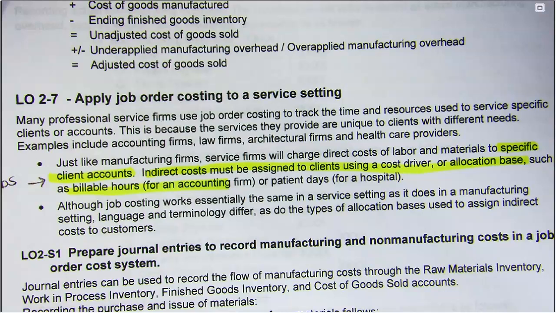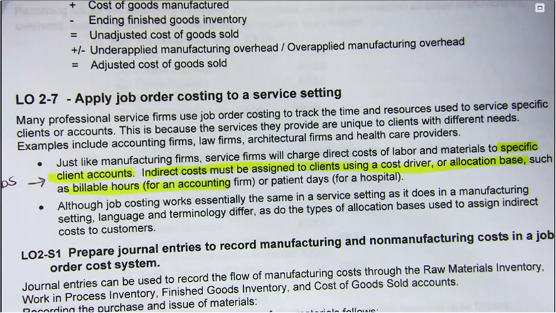So each employee keeps track of the time spent on each client's account so that the client can be charged or billed for that cost. And any other cost that could be directly attributed to a specific client or customer would also be tracked as well. There may be some indirect costs, however, that need to be allocated, just like in a manufacturing setting.